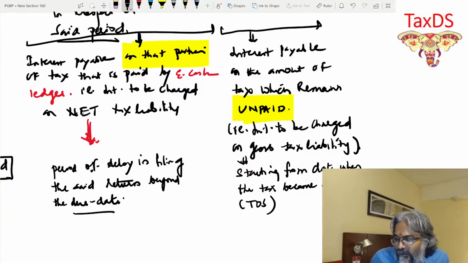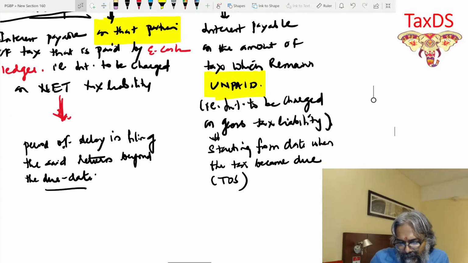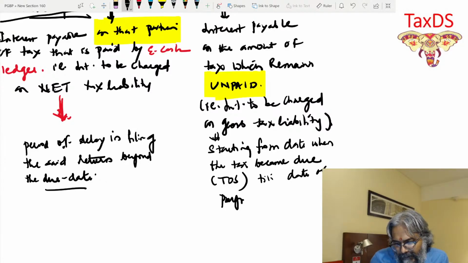But for situation number 2, the period for which interest would be calculated would be starting from the date when the tax became due, and not from the due date of filing of the return. Now, this is what situation 2 is in this context: from the date when tax became due, which is the time of supply, till the date of payment of tax.